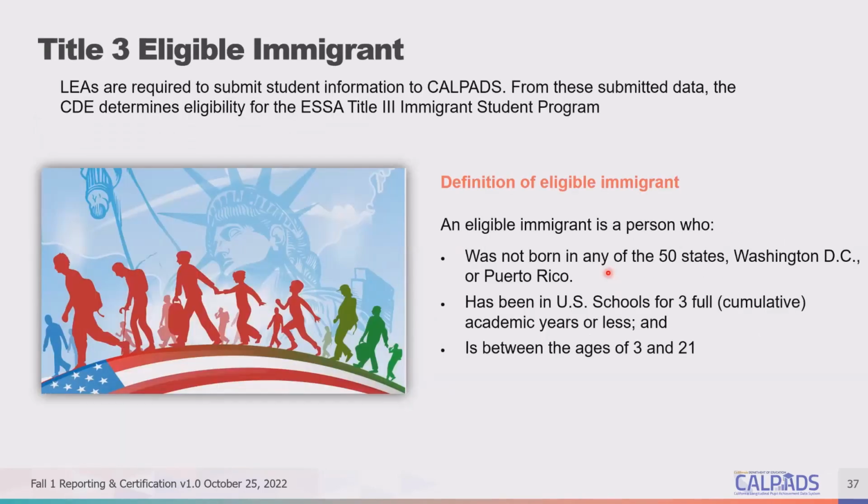So the Title III eligible immigrant is basically a unique program because essentially this is not a program that you report using an SPRG record. It is derived from the information you report of the student in the student information file, your SINF. It's in the demographics.